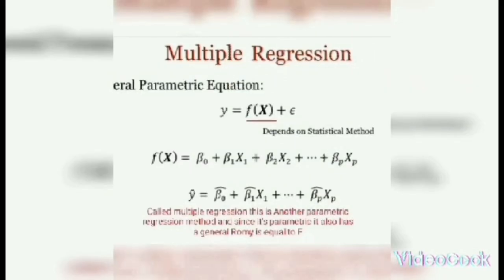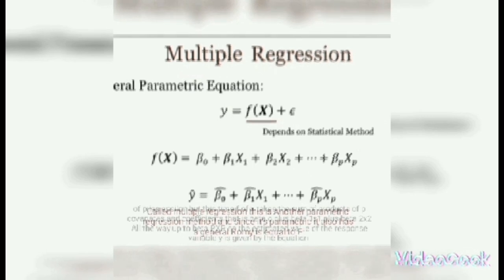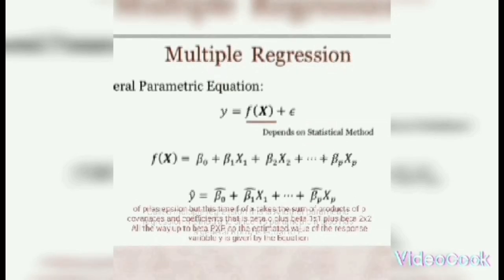Multiple regression is another parametric regression method, and since it's parametric, it also has a general form y is equal to f of x plus epsilon, but this time f of x takes the form of the sum of products of p predictors and coefficients, that is beta 0 plus beta 1 times x1 plus beta 2 times x2 all the way up to beta p times xp. So the estimated value of the corresponding variable y is given by this equation.